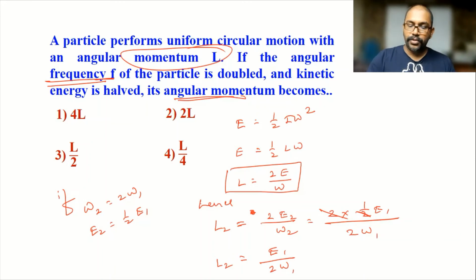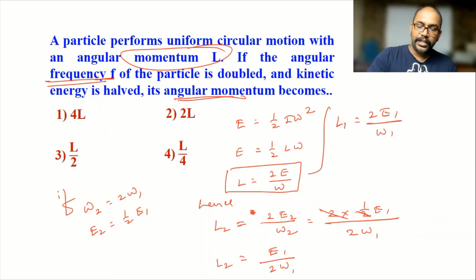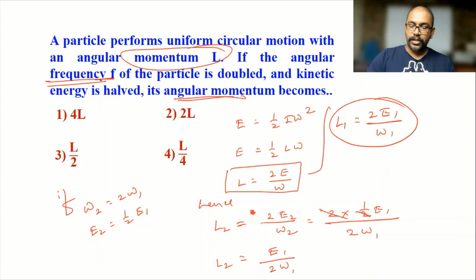Now in that, we can substitute the initial angular momentum. L1 is equal to 2E1 by omega 1. This is the initial angular momentum. Here I can write the same formula by rearranging the terms. See here, 2E1 divided by omega 1, I am taking aside. I multiplied this by 2 and divided by 2.